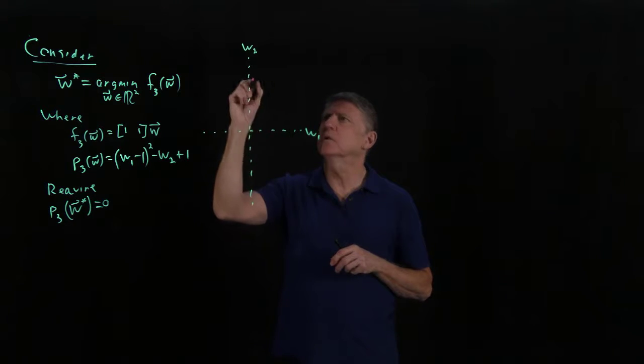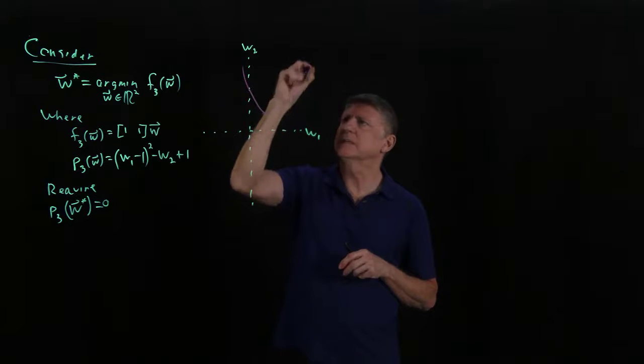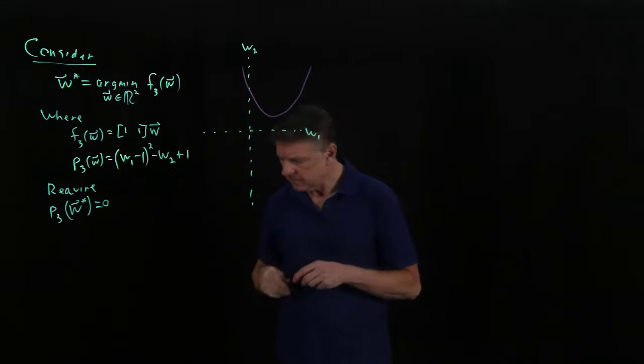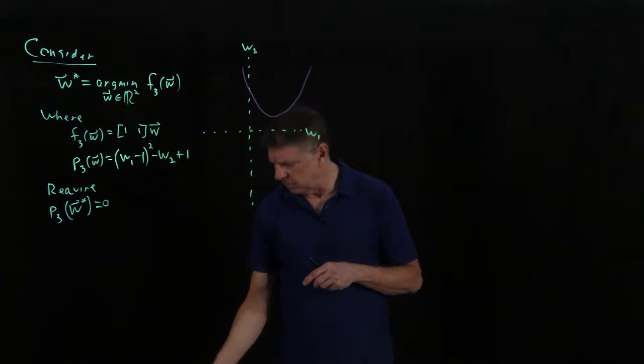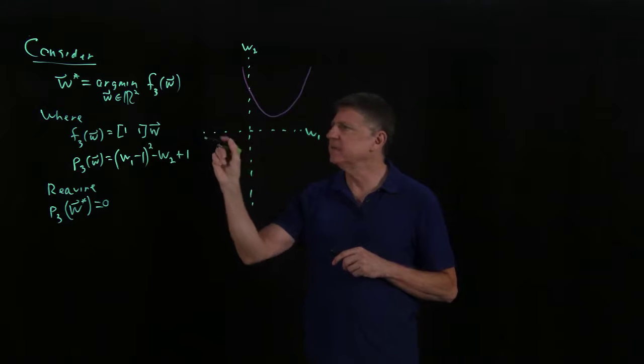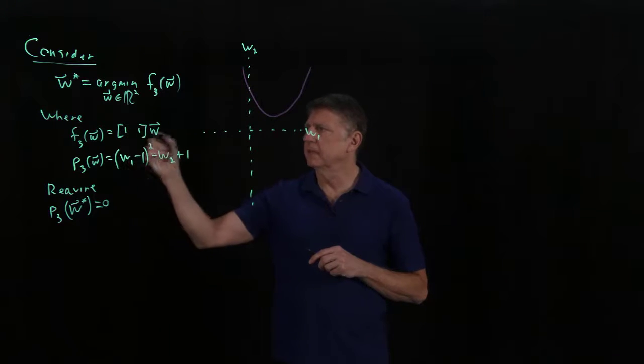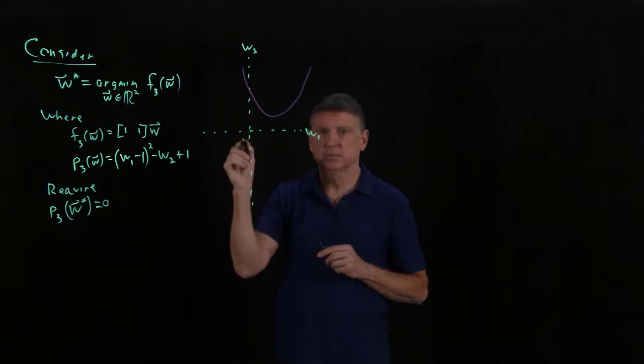I'm not sure exactly where it's going to be, but it'll be a quadratic that looks something like that. And now, what are the level curves of this? Well, if I pick a 0 level curve, then that would just be a single point.